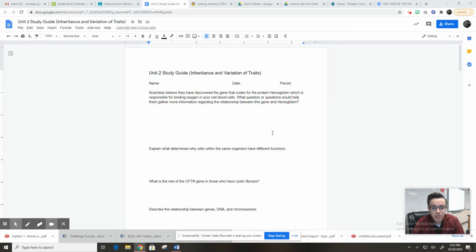Scientists believe they've discovered the gene that codes for the protein hemoglobin, which is responsible for binding oxygen in your red blood cells. What question or questions would help them gather more information regarding the relationship between this gene and hemoglobin? Some people are going to be tempted to say, well, let's find people who have functioning hemoglobin and see if they have that gene.